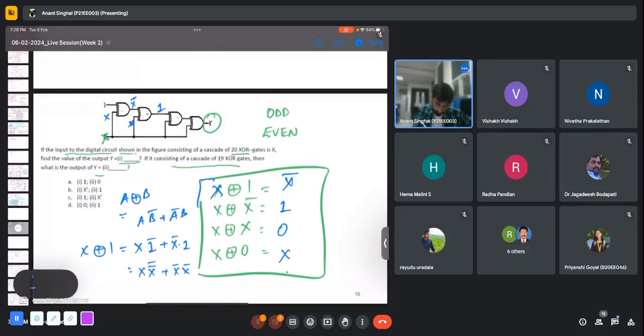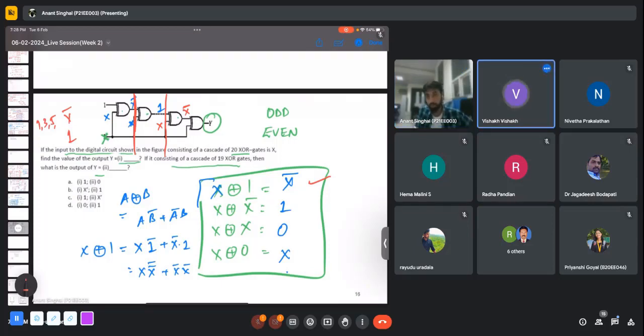If I have one XOR gate, my output is X complement. If I have two XOR gates, my output is 1. If I again have three XOR gates, my output will be X complement, because it will be X XOR 1, which will be again X complement. Do you understand this? Any doubts, sir?